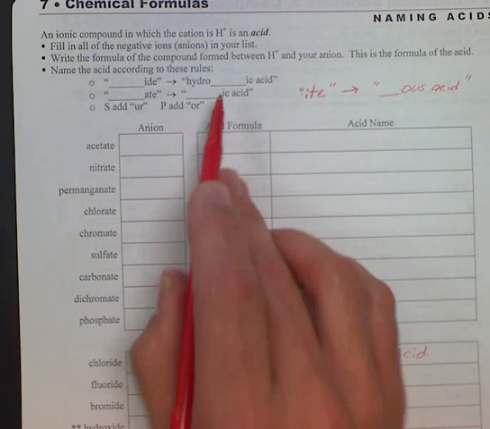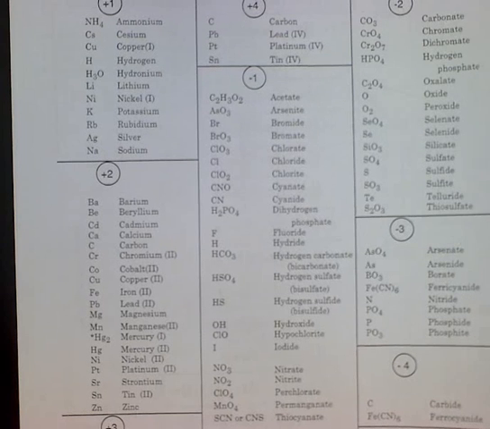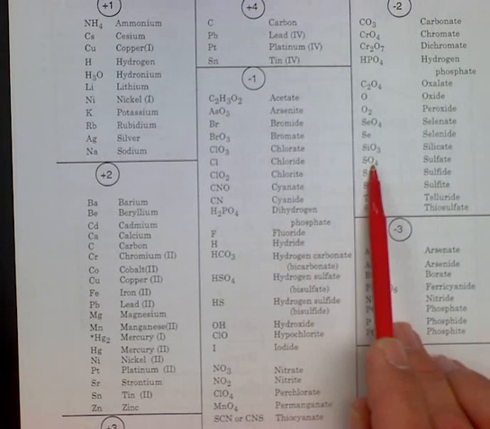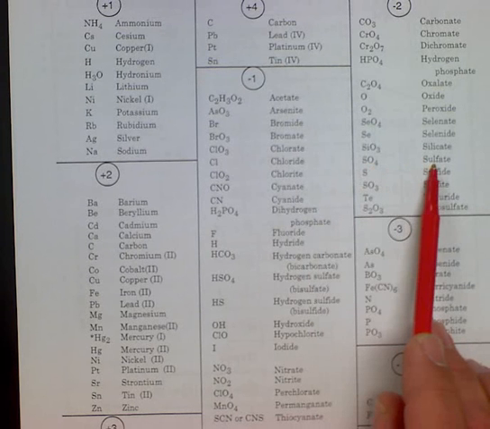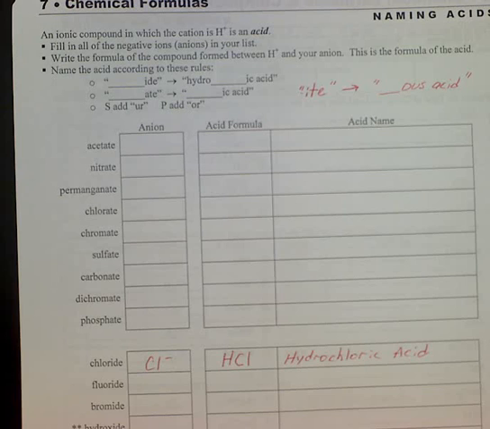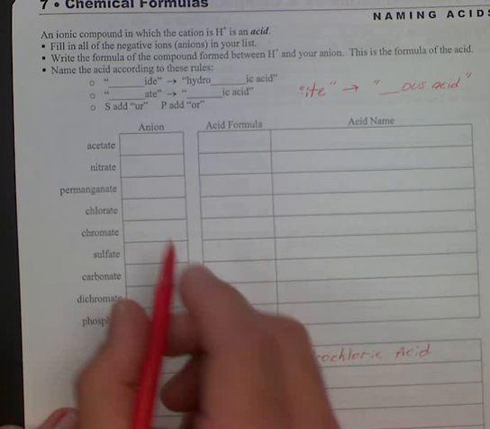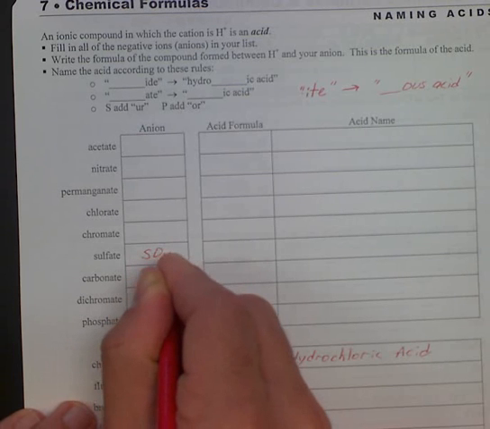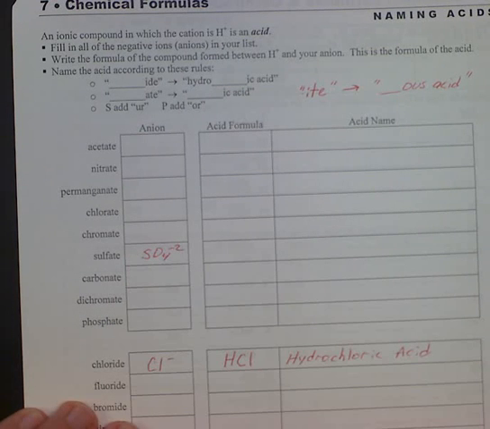So the sulfate ion, if we look on our chart here, where's it at? Right here. This SO4 is a sulfate ion. So the sulfate ion is an SO4 with a -2 charge. So I'm going to write that right in there.